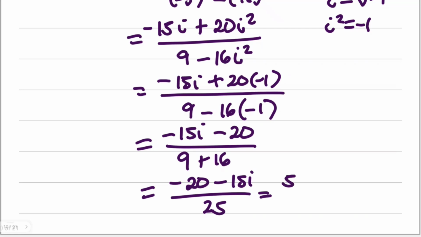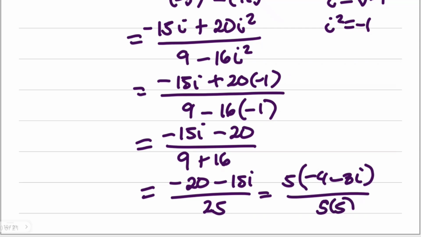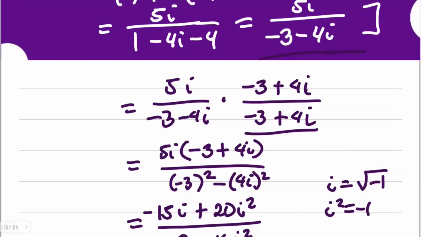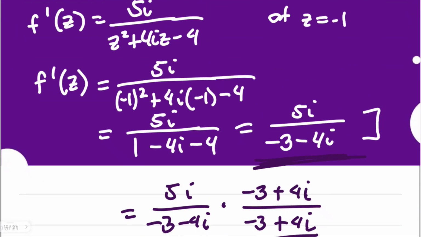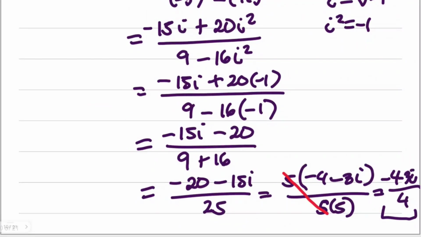You can also factor 5 out of the numerator, so you have negative 4 minus 3i, if I'm correct, over 5 times 5. So your final answer, if your professor would require you to do this, is negative 4 minus 3i all over 5. This is the more simplified answer, but the earlier form is already acceptable as it is. So you have that as our final answer.